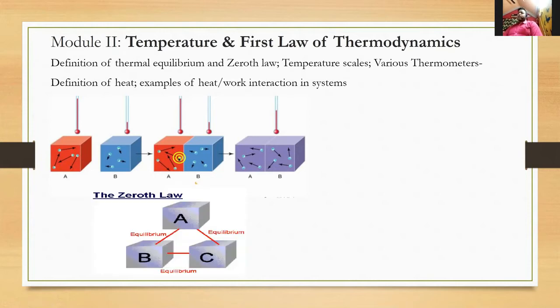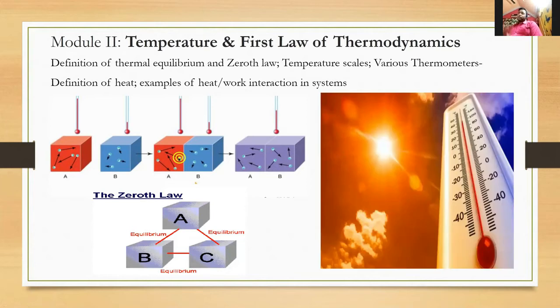And we'll come to the zeroth law later, where we'll understand thermodynamic equilibrium, how it is mentioned, how it is developed. So how three things can be in equilibrium when things are in equilibrium with each other, like A and B, or C and A. How A, B, C become in equilibrium, we'll understand, and what is the practical implication of that is more important to know.